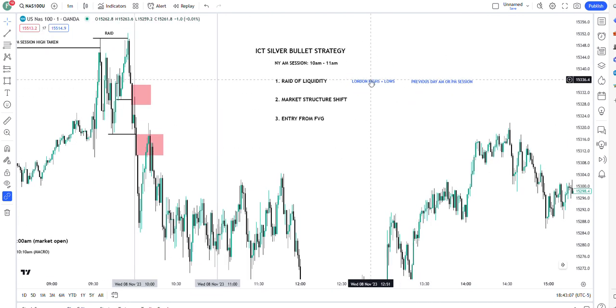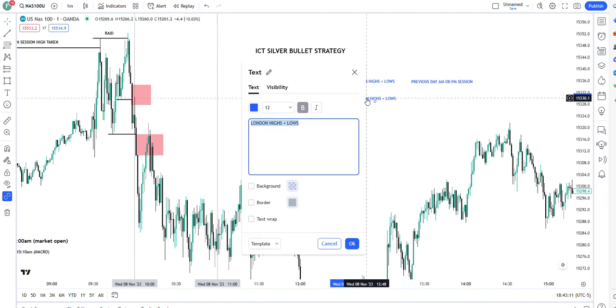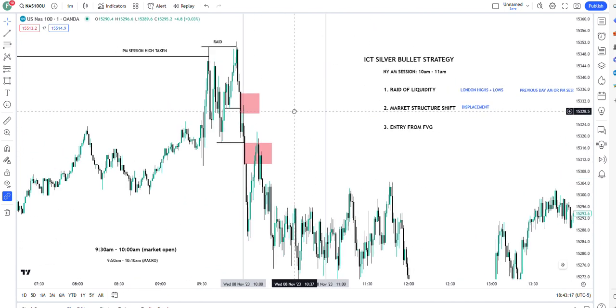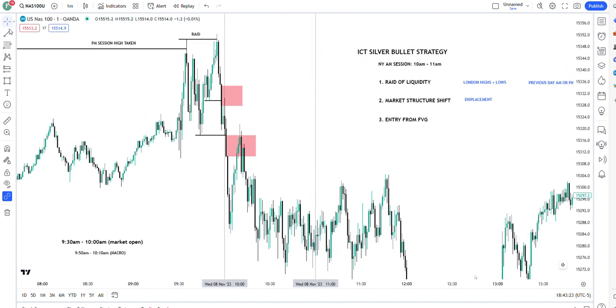The market structure shift, for me, has to have some kind of displacement. It has to show unwillingness to continue higher. So in all this section here, we raided this PM session high. I wouldn't class that as a market structure shift, because we've got one wick here, right?